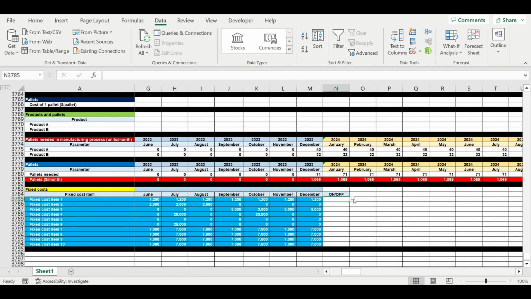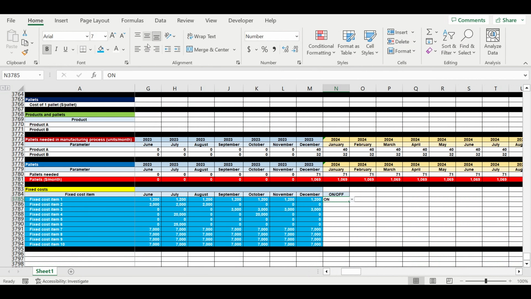So this is the input, and we will be coloring this input with blue as well.